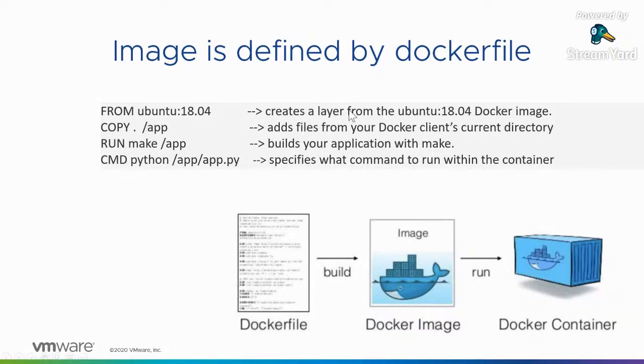Here the operating system we are using is Ubuntu 18.04. So we are creating a layer from Ubuntu 18.04. It can be any version that you are interested in. We just need to mention the operating system, colon, the version. If the version is not specified, by default, the latest version available on Docker Hub is picked.